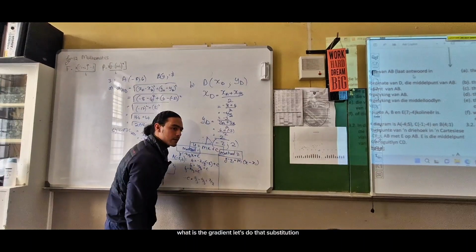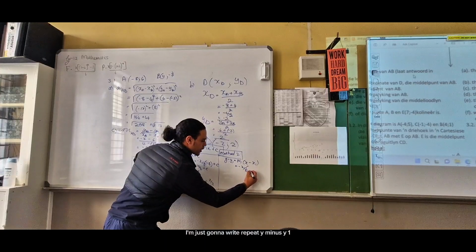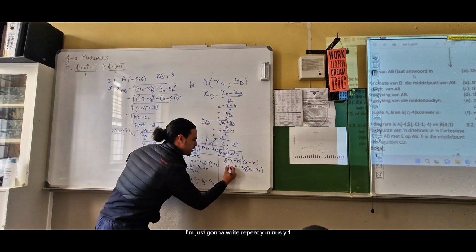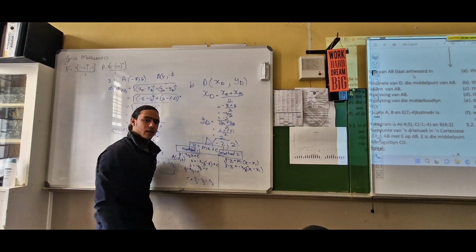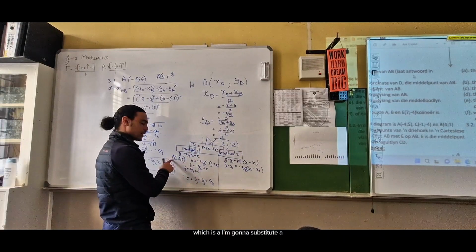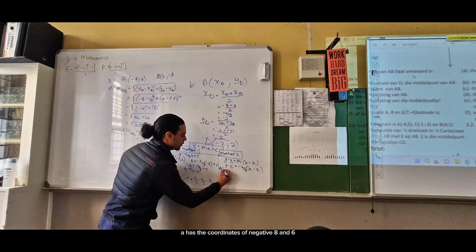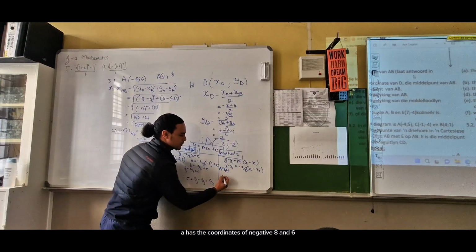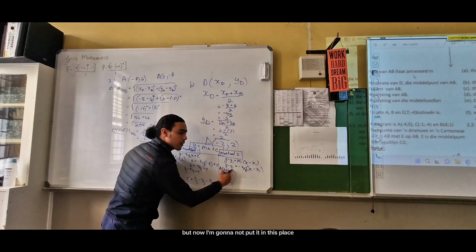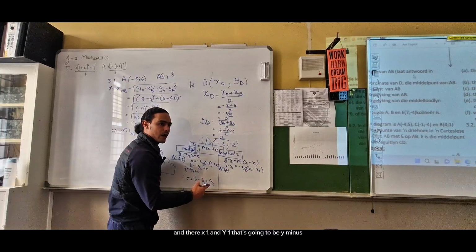What is the gradient? Let's do that substitution. That's negative 2 over 3. I'm just going to repeat y minus y1. I'm going to use the same point which I chose in the first method, which is A. A has the coordinates of negative 8 and 6. Let's substitute, but now I'm going to put them in the x1 and y1 places.